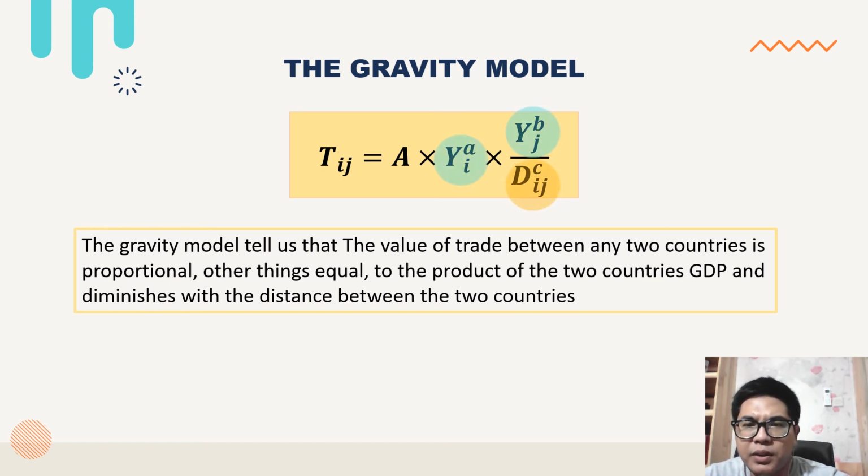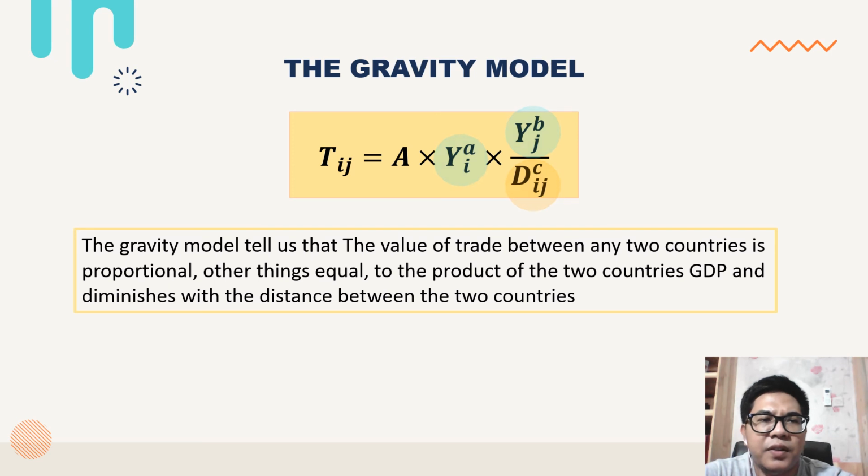For the explanation, the gravity model tells us that the value of trade between any two countries is proportional to the product of the two countries' GDP and will diminish with the distance between the two countries. So the gravity model also tells us that as our trading partner's economy gets bigger, our trade with them also increases.